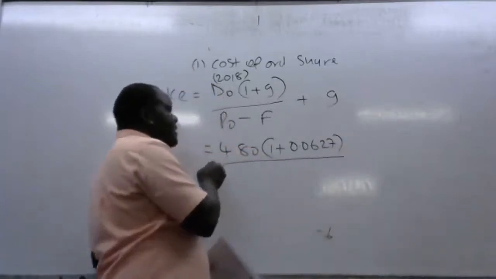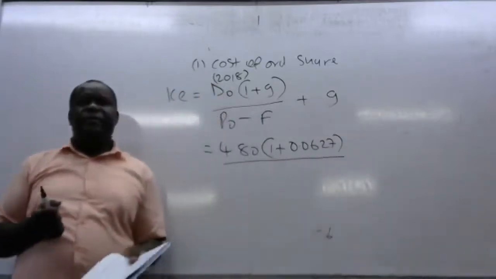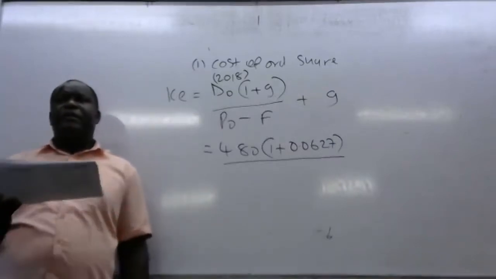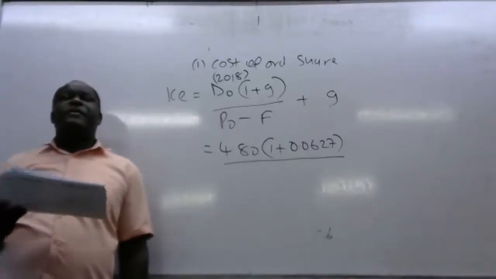Then we divide by P0. P0 is the current market price in note number 1. But you can see it is termed dividend.